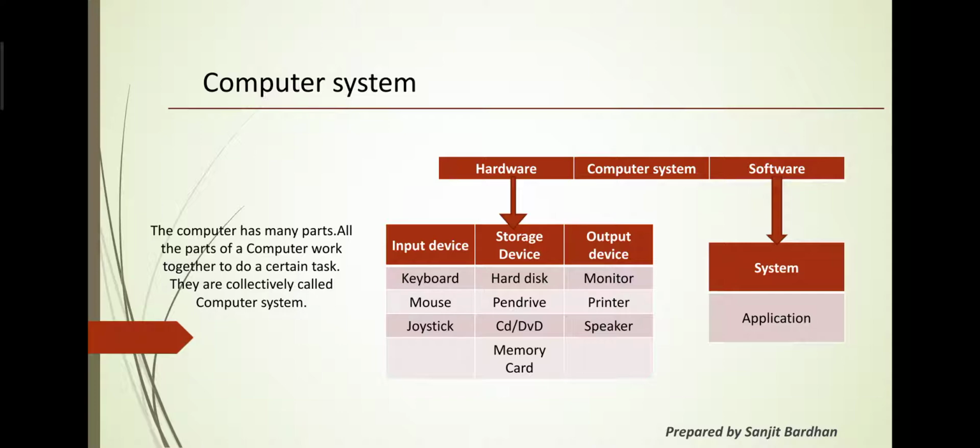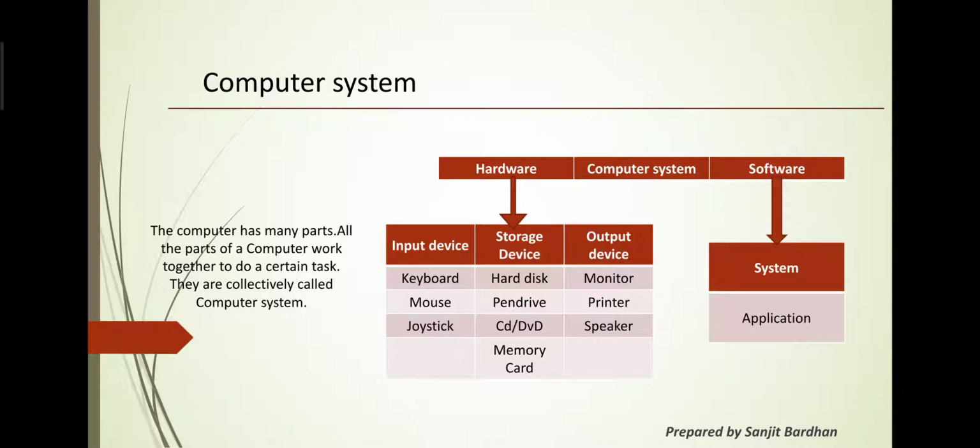Now I am going to give examples of the different parts one by one so that all of you can understand the computer system clearly. Examples of input devices are keyboard, mouse and joystick.